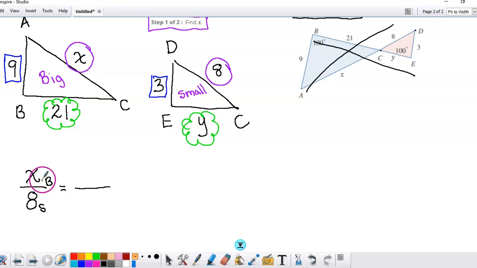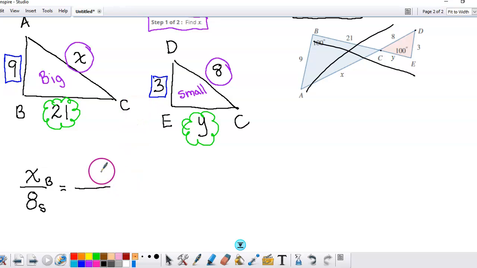Now that I chose to put my X on top from the big and my 8 on the bottom from the small, I need to find a set of matching sides that has numbers for both the big triangle and the small triangle. That is this blue box here. We have a 9 and a 3. No letters going on. It's just 2 straight numbers. That's what we want.